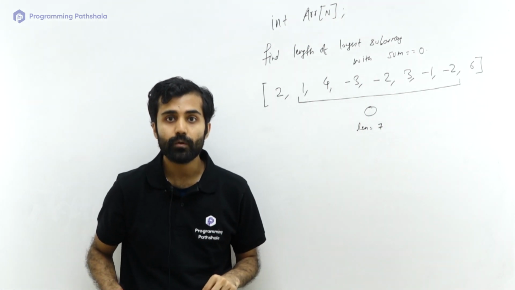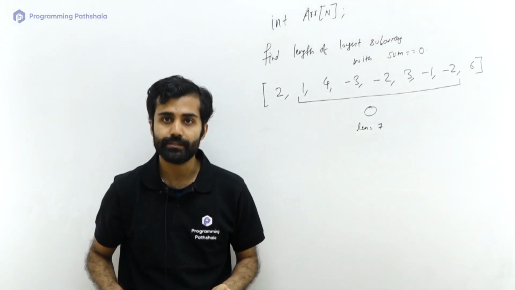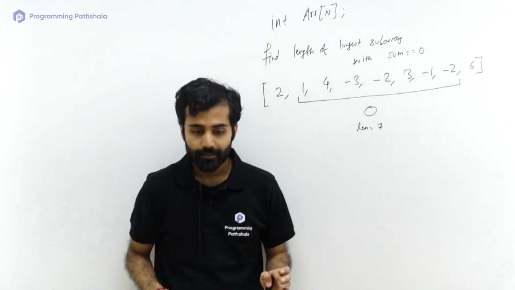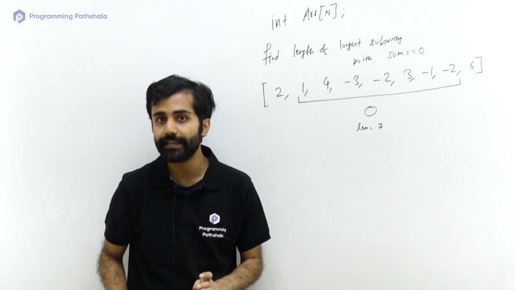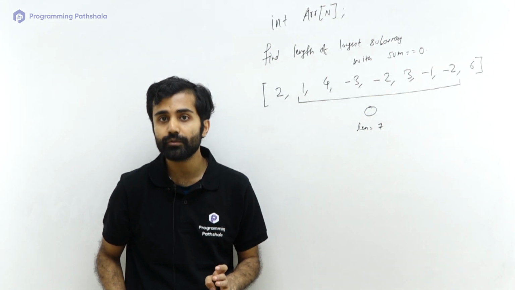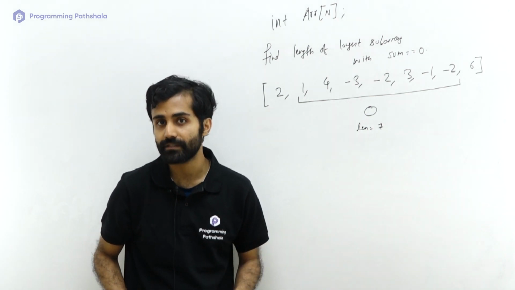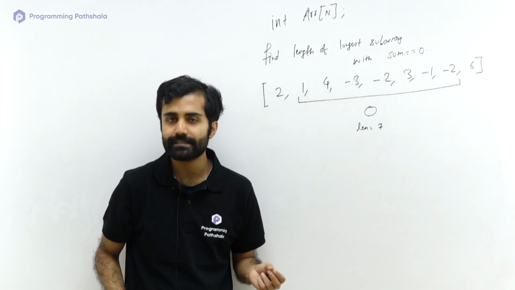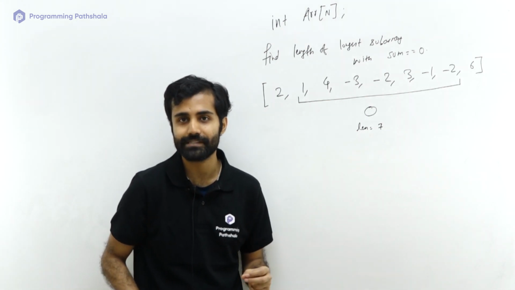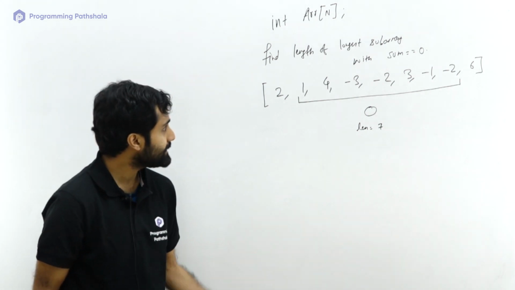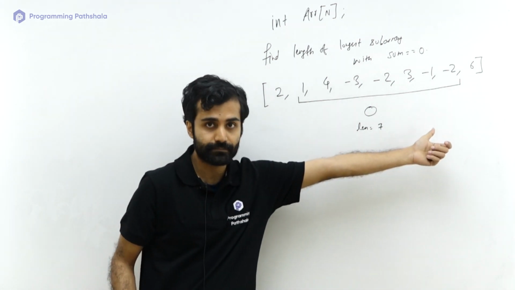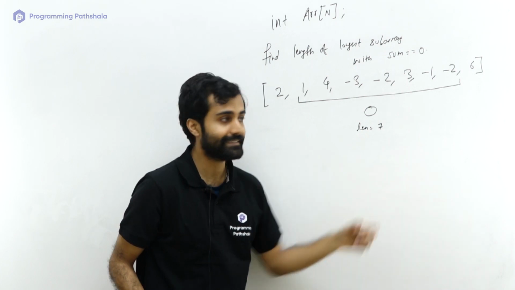Now, how to solve this question? One thing that I can say is that tracking prefix sums is definitely going to be useful, but you have to make some improvisation on top of that. Let's pause and think what that improvisation could be. As a first step, let's list down the prefix sums at different indices.